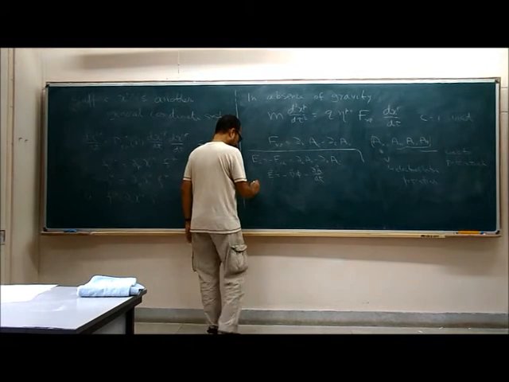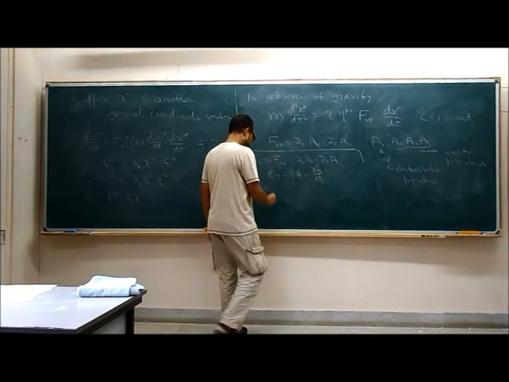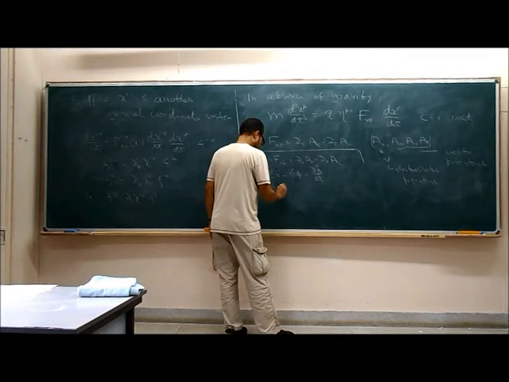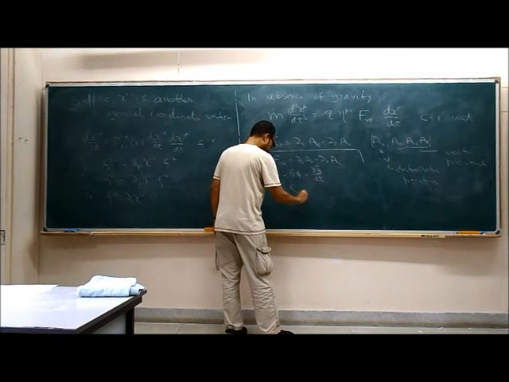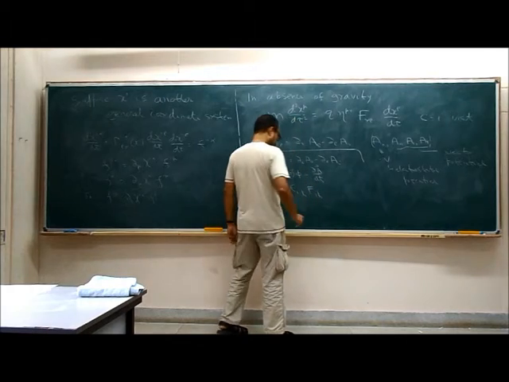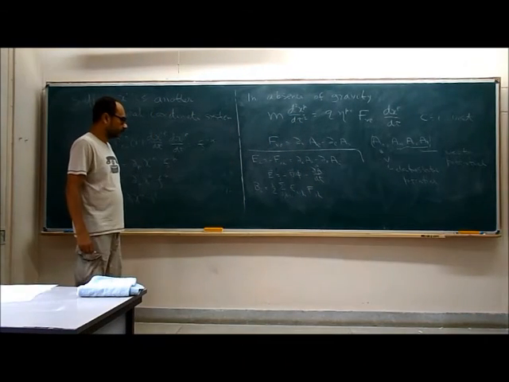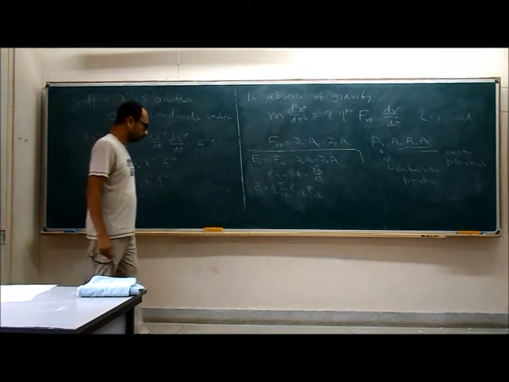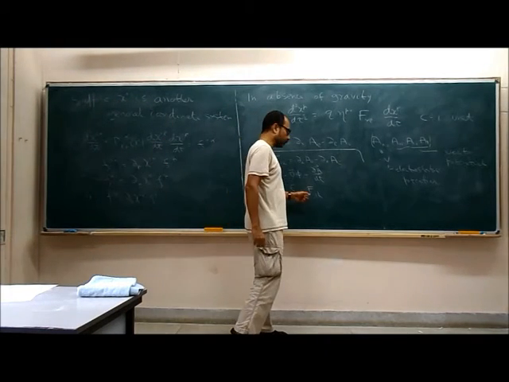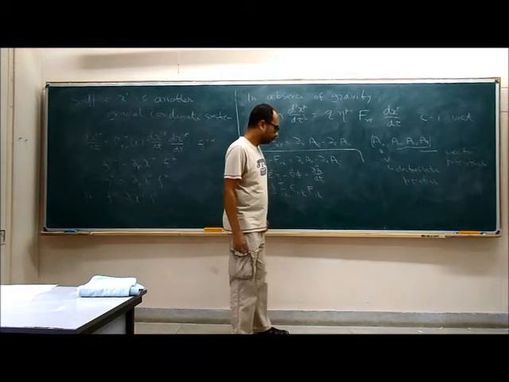B_i, you can write as half the sum over j and k equal to 1 to 3 of epsilon_ijk F_jk. Epsilon_ijk is a totally antisymmetric tensor with epsilon_123 being equal to 1.